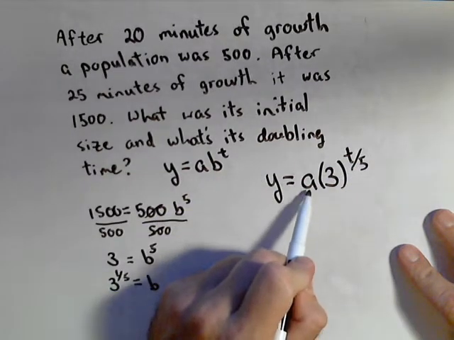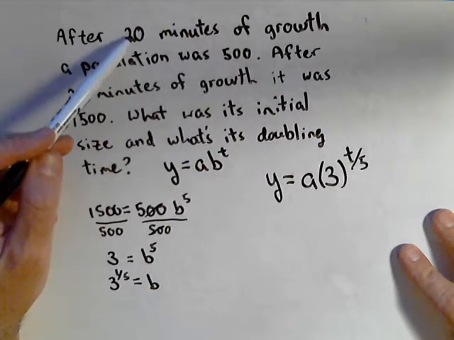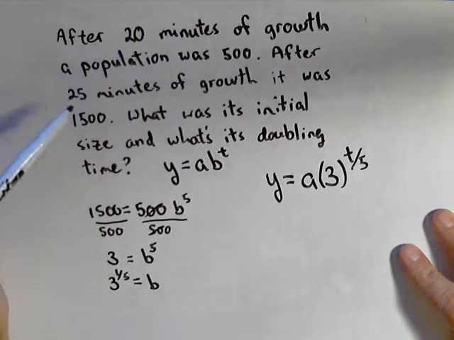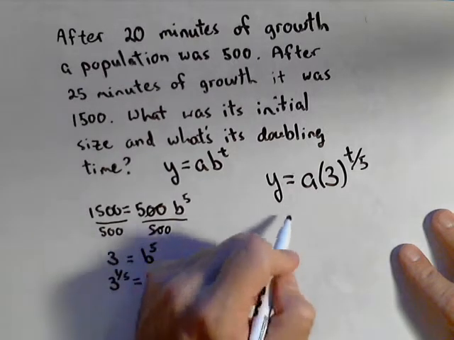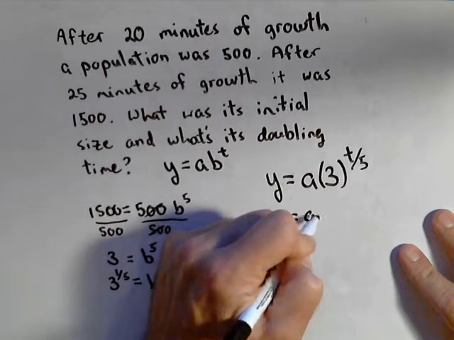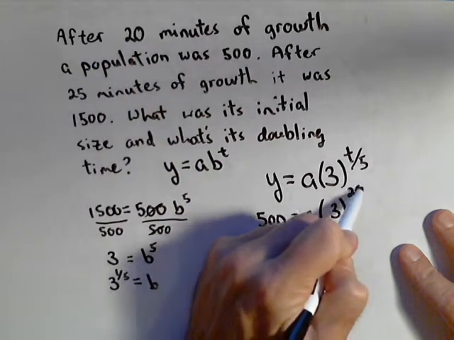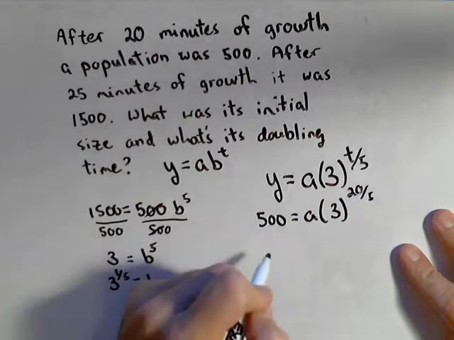Now it's the a that we need. So what we're going to do is use some of our given information. We can either use that after 20 minutes it's 500 or 25 minutes it's 1,500. It's up to us. So I'm going to use the first piece. I know that the population is 500 when t is 20. So 20 over 5.